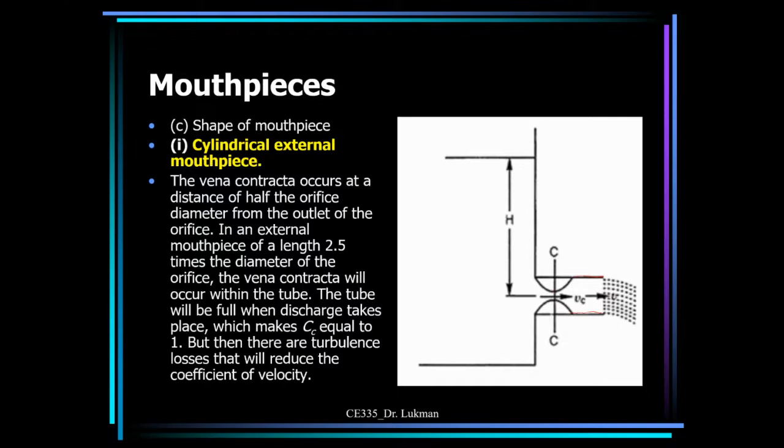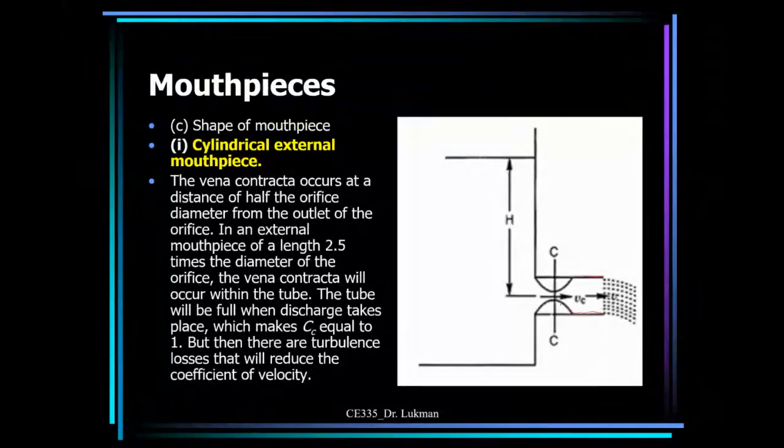Simple. So here the vena contracta occurs at a distance of half the orifice diameter from the outlet of the orifice. In an external mouthpiece of length 2.5 times the diameter, the vena contracta will occur within the tube. This is the vena contracta where the contraction occurs, and the tube will be full when discharge takes place.